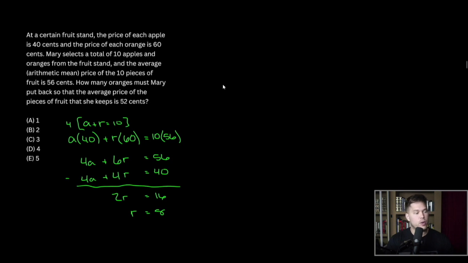What else does the question tell me? Well, since I'm starting with 2 apples, I have 2 apples that are 40 cents each, and I want to know how many oranges I need to buy at 60 cents such that my average price is 52 cents.